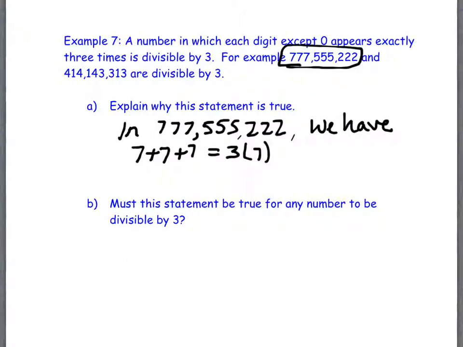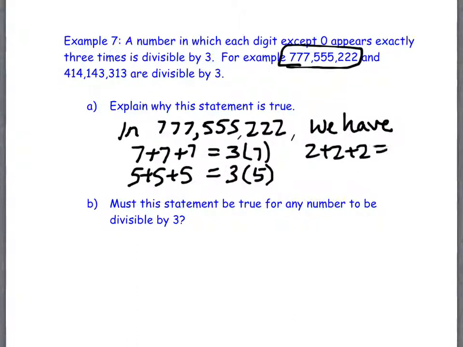And we can do that for all the numbers. 5 plus 5 plus 5 is 3 times 5. And 2 plus 2 plus 2 is 3 times 2. So Hannah's exactly right. They all have a multiple of 3 with them, don't they? It's a factor of 3 in each of them, so they are all multiples of 3, which means they're all divisible by 3.